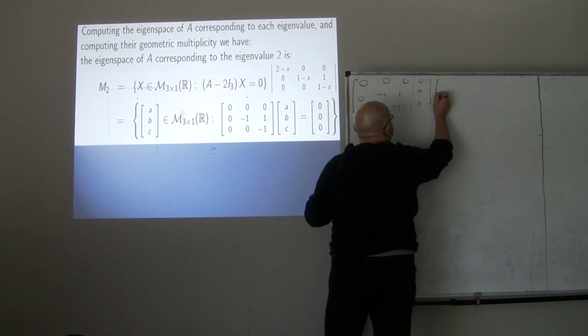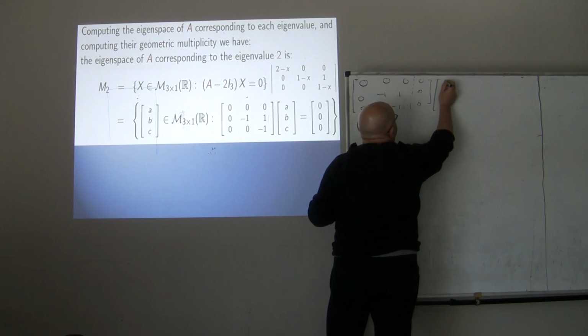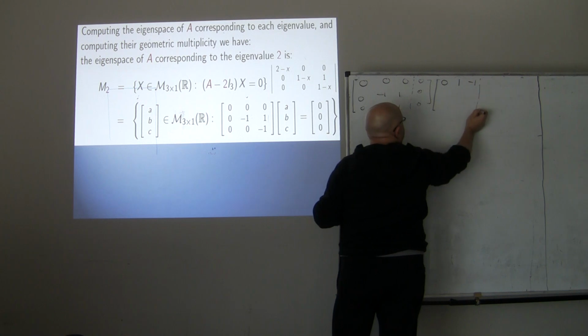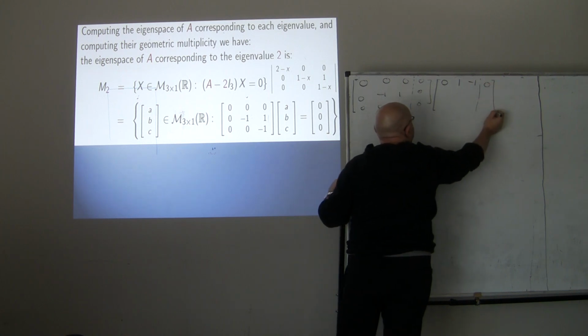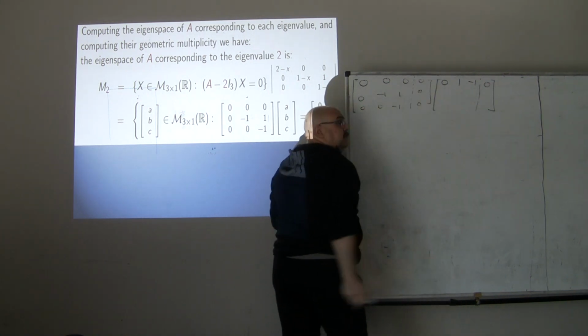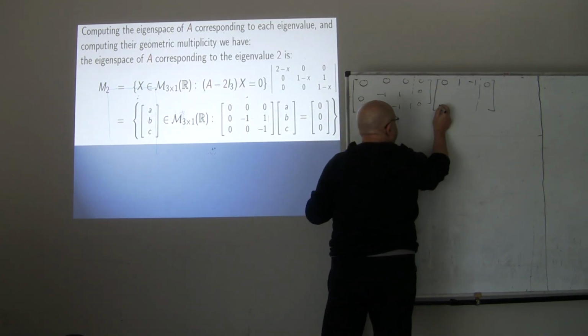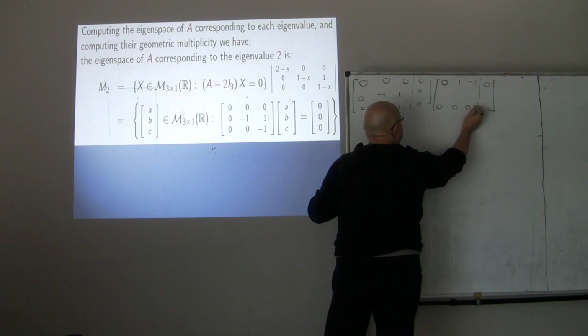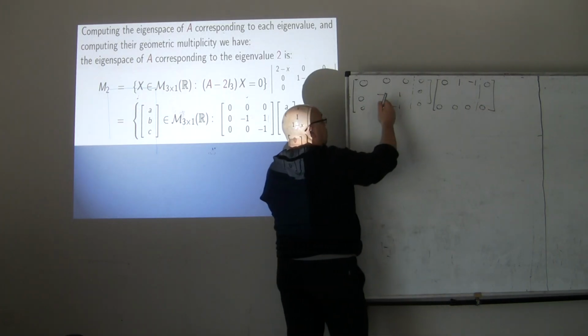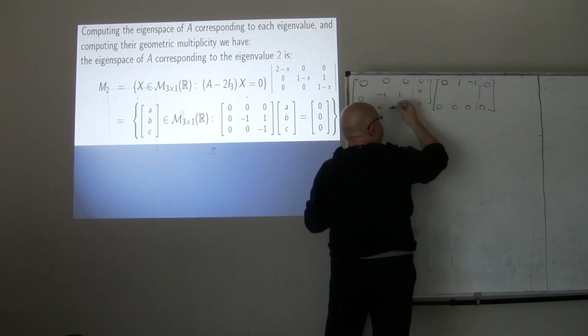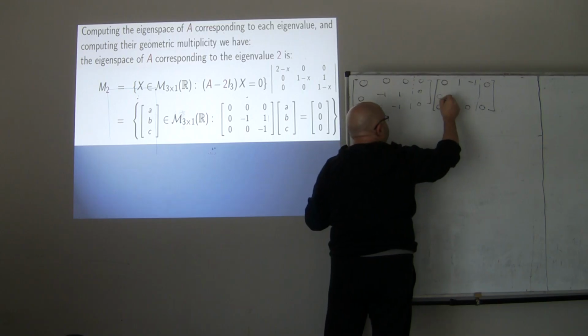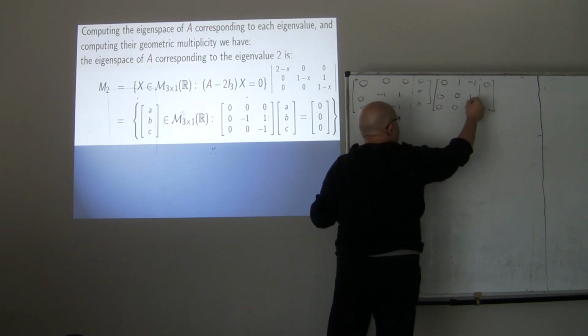So it will be 0, 1, negative 1, and 0. I've already changed it and multiplied it by negative. And I will take the first row to be the last row. Are you with me? And I will move the third row to be the second, so it's going to be 0, 0, 1, and 0.